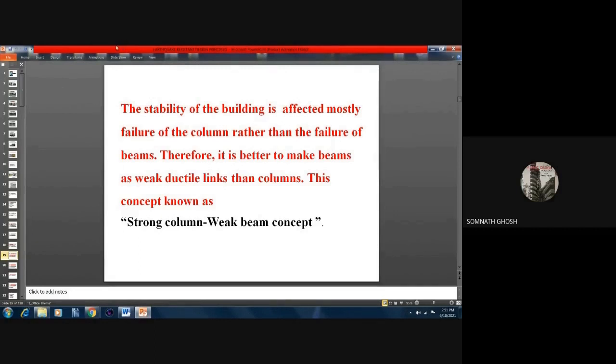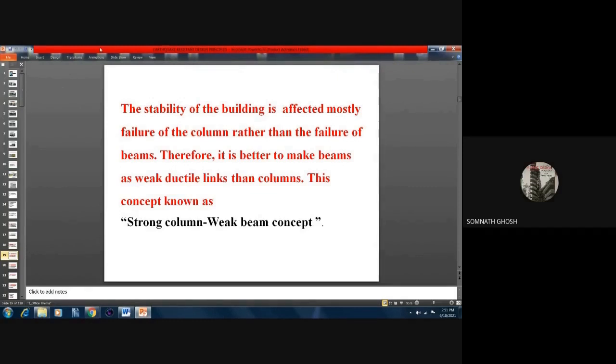This concept is known as strong column, weak beam. This is the most important concept in earthquake resistant design. The strong column should be as strong as possible. Comparatively, the beam may be weak.